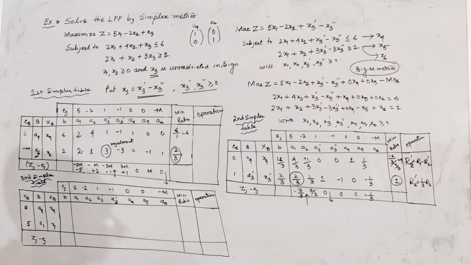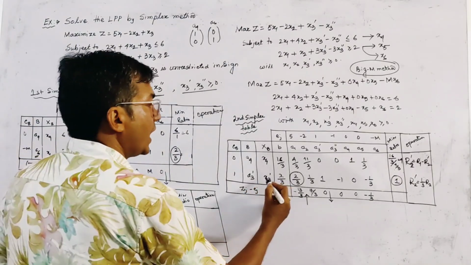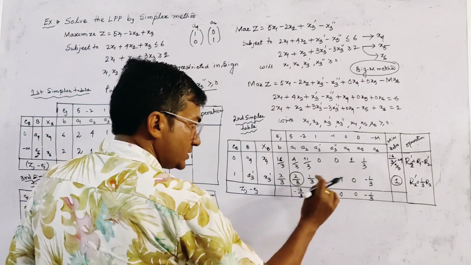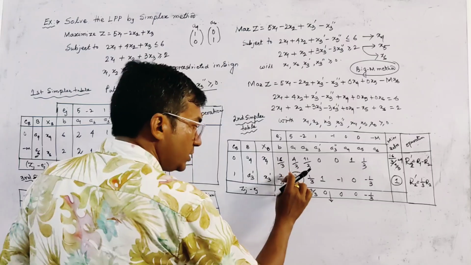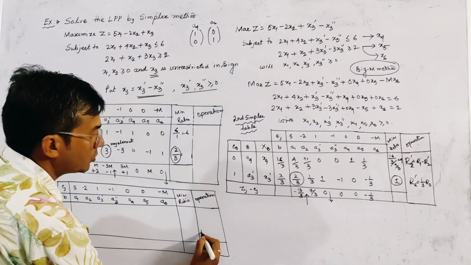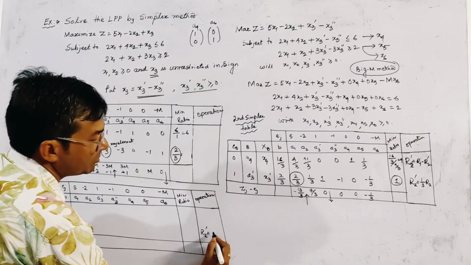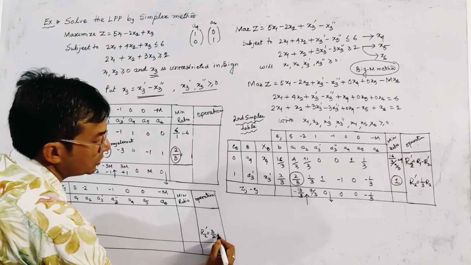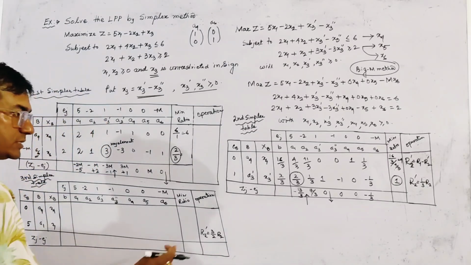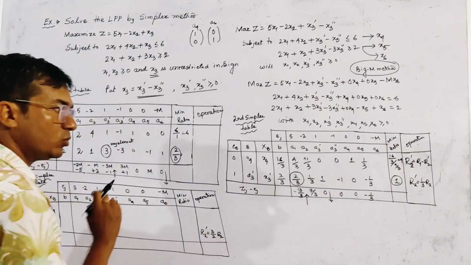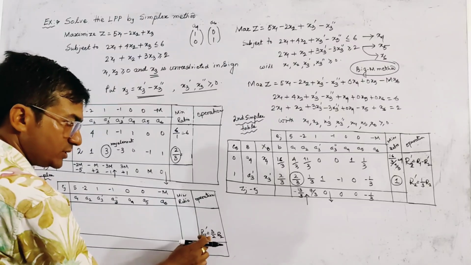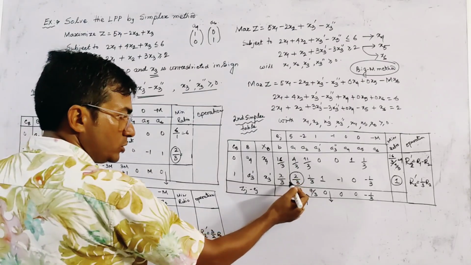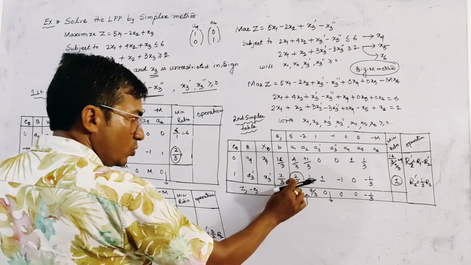This is 5, and here we make the operation R2 dash equal to 3 by 2 into R2. R2 dash is given by 3 by 2 into R2. This is the old R2 and this is the new R2. Why do we make this operation? Because we have to convert it into 1.